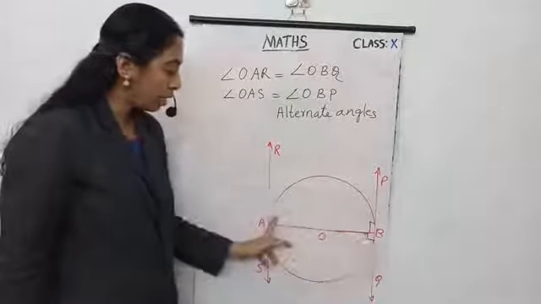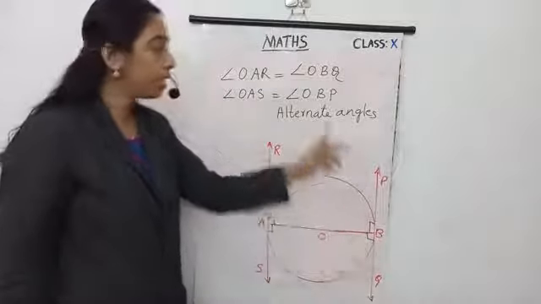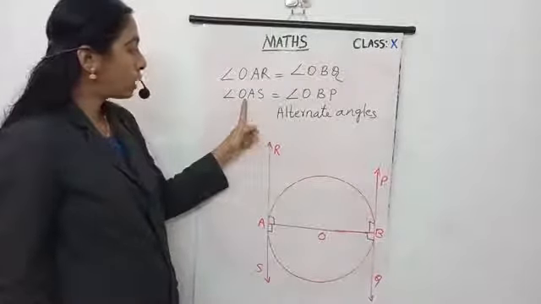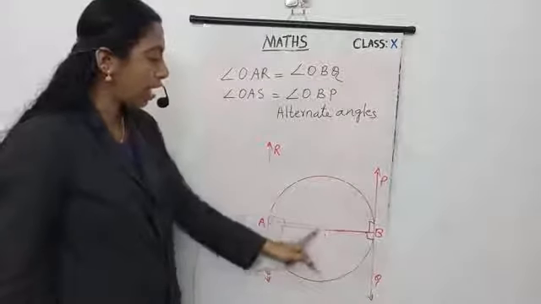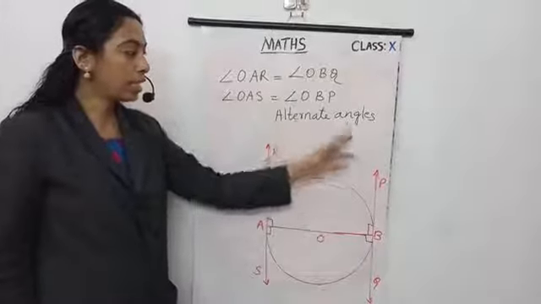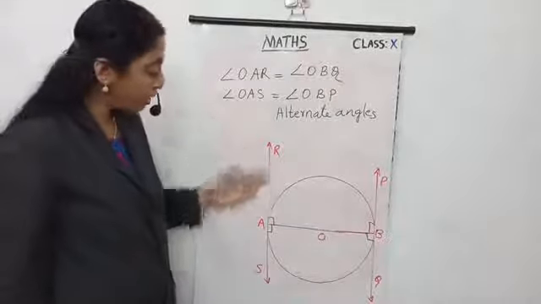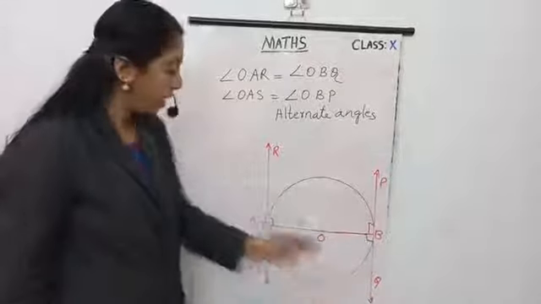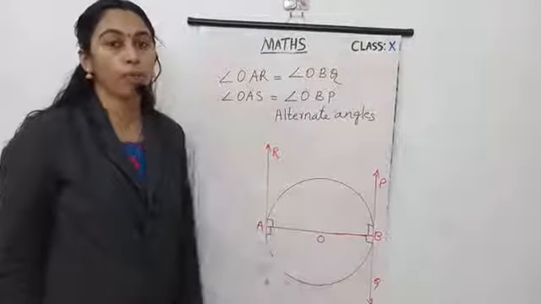That means alternate angles are equal, both are 90 degrees. Then the next alternate angles, angle OAS and OBP, both are equal. If alternate angles are equal, these lines are parallel. That means tangent RS and tangent PQ are parallel.